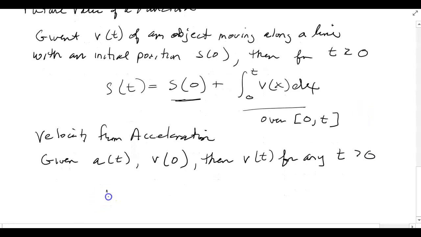It would be given by v sub t equals your initial velocity plus the integral up to that future time of your acceleration function.